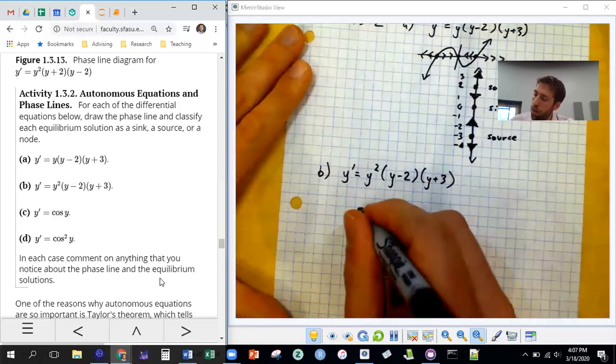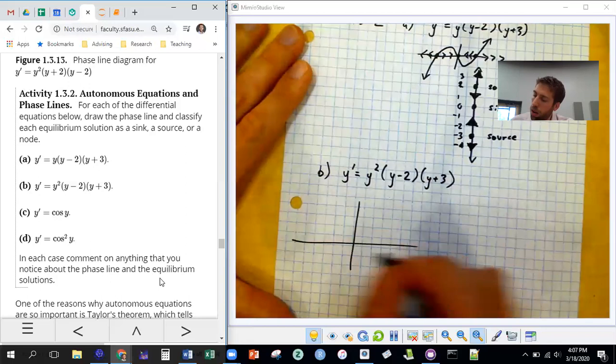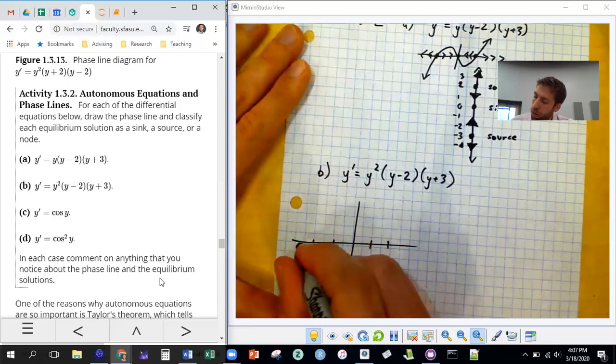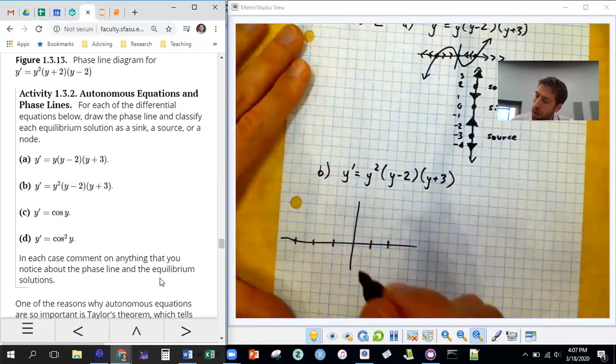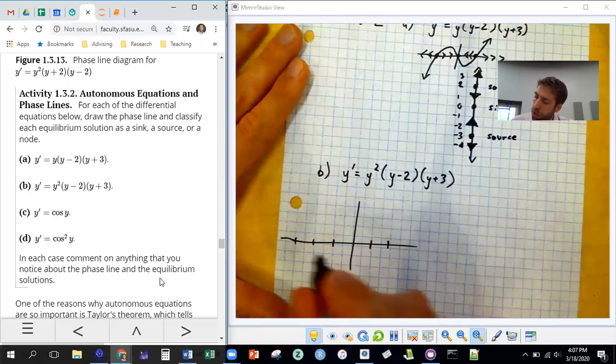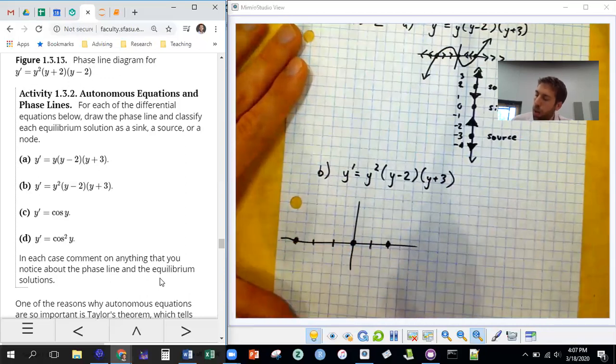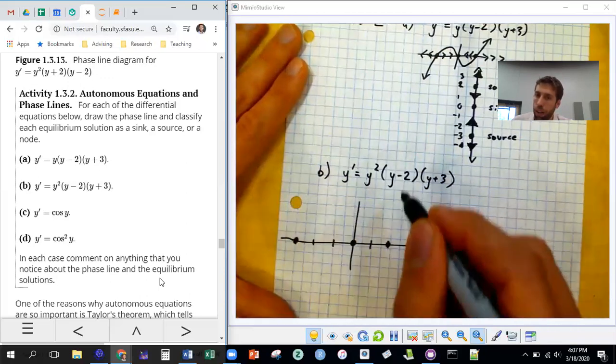So then I think I'll graph it over here. So it's going to have a 0 there, a 0 at 2 still, and a 0 at 3 still. And now it's a degree 4, so it does like a U shape.